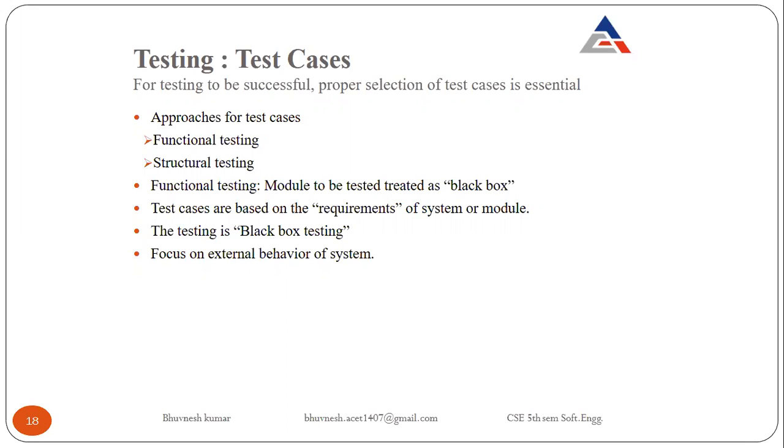What is going on inside is not understood. This testing is called black box testing, and it focuses only on the external behavior of the system. What it is doing can be understood, but how it works internally and how it is performing will not be understood by a common person.